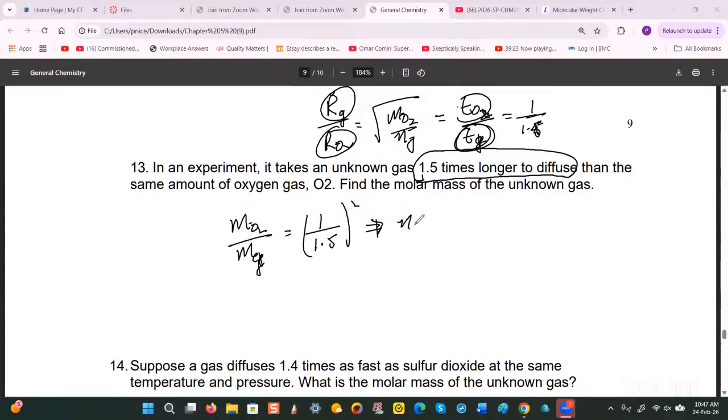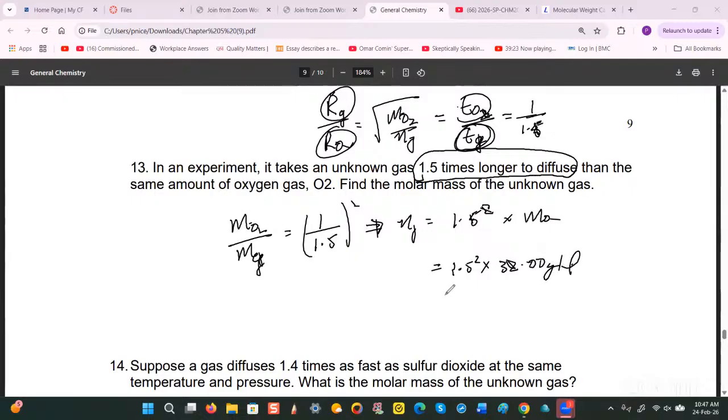So M_G is going to be equal to 1.5 squared times M_O2. So that would be 1.5 squared times 32.00 grams per mole.